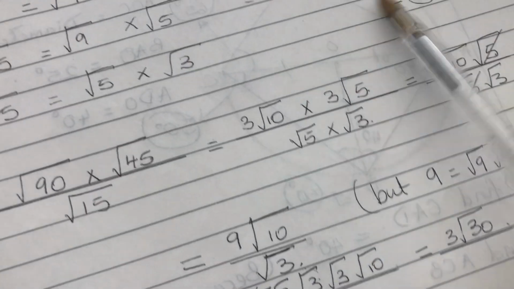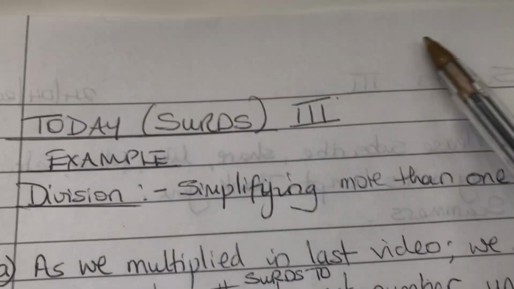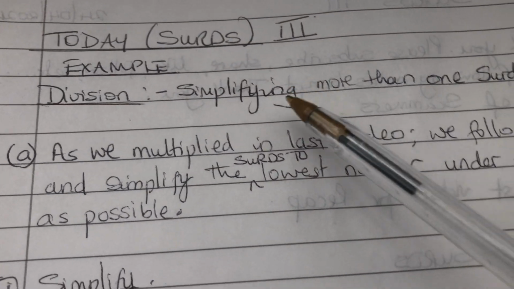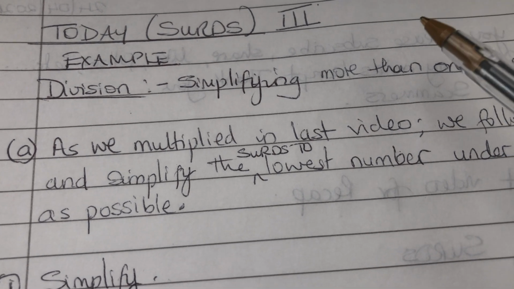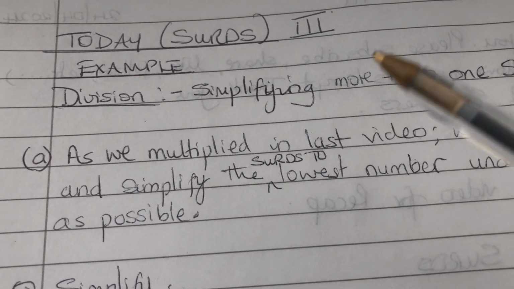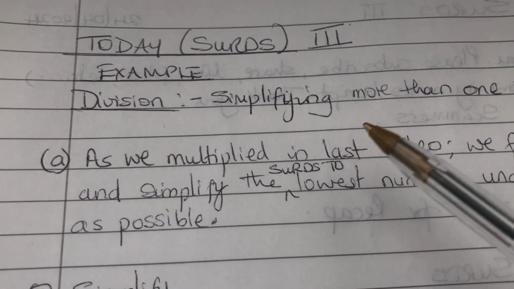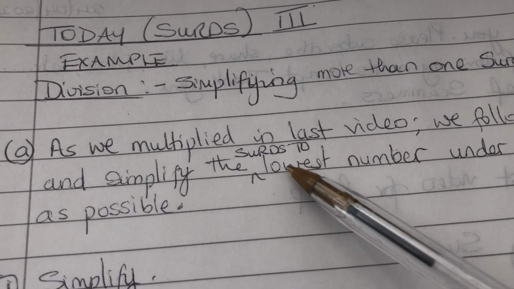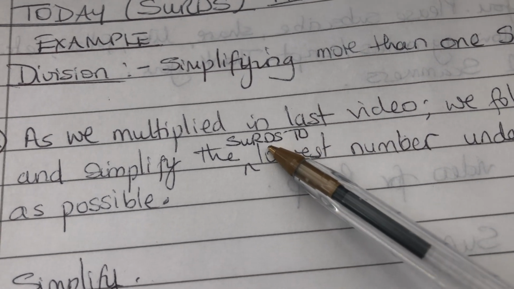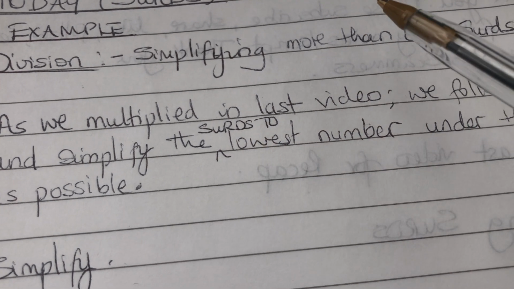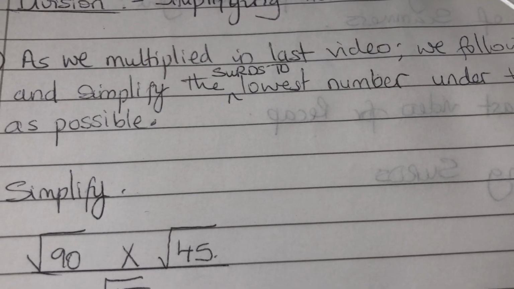Let's quickly look at surds. Today we'll look at the division one. Yesterday we looked at the multiplication, which was straightforward. You keep on simplifying till you get the surds, but the square root will be smaller.